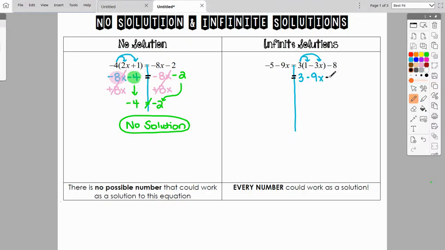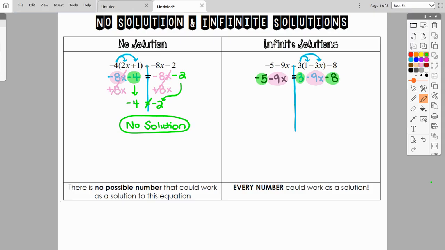I'll bring down the negative 8 from the problem, as well as my negative 5 and negative 9x I haven't done anything with yet. Again, going to look at my like terms here. I'll highlight everything that has a letter x in pink and everything that's just a number in green here.